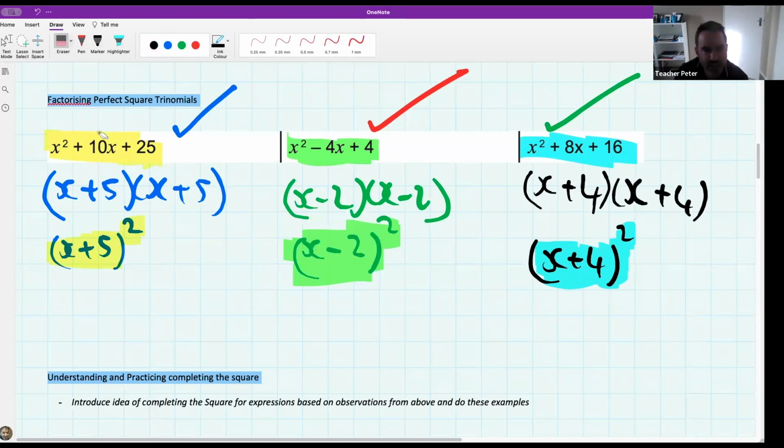Does anybody want to try and describe from class, how do we go from the middle term to the constant term in a perfect square trinomial? I mean, I can explain it, but basically what I'm saying is, how is this value here connected to this value here? Who wants to have a crack at that? Trying to explain it.